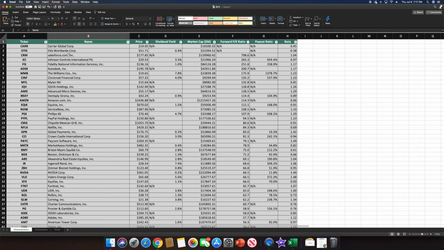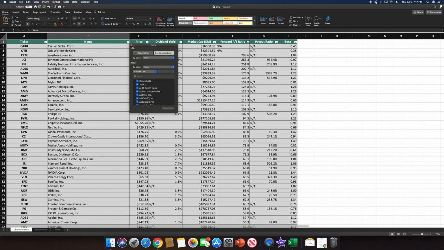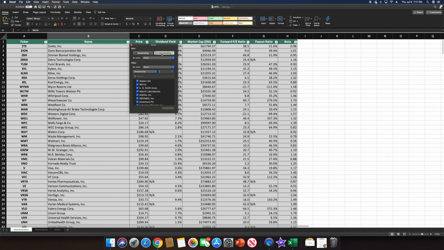If you already know what company you'd like to invest in, you simply would find the name. You can sort alphabetically if you like. You'd find the name of your company, then go over to this column and find the ticker symbol.